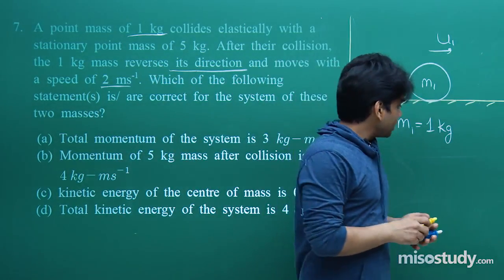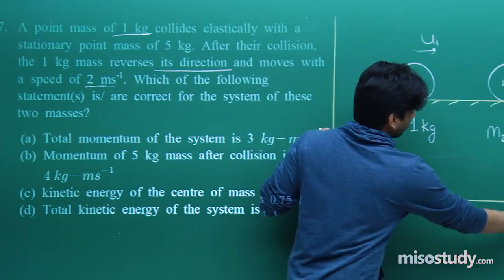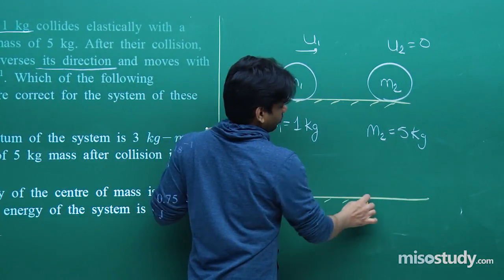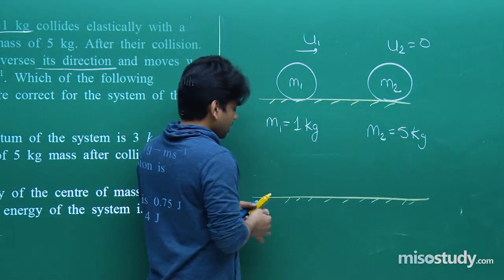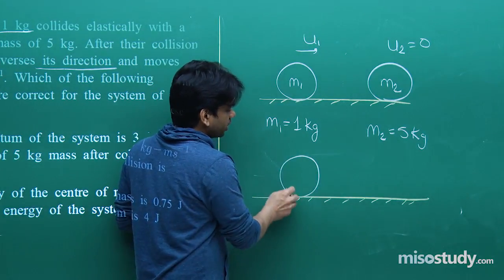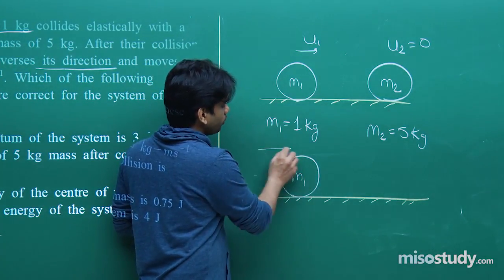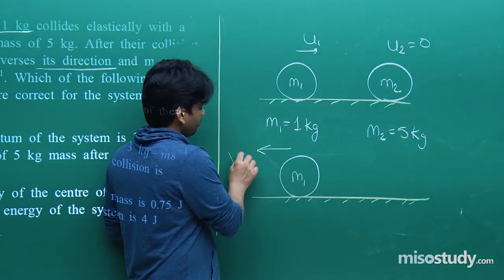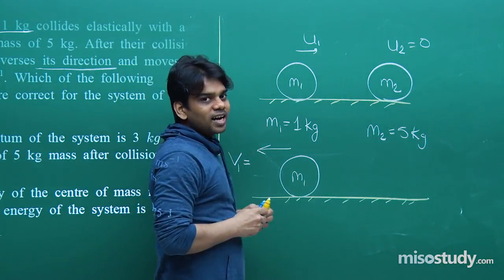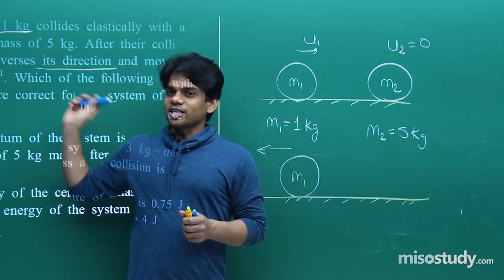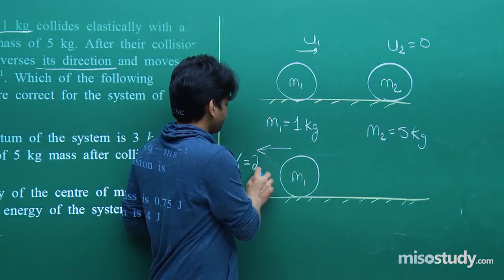This is the second important point. So after collision, if I draw the situation, what's happening? This first body, of mass 1 kg, moves in the opposite direction with a velocity v1, that is given as 2 meter per second.